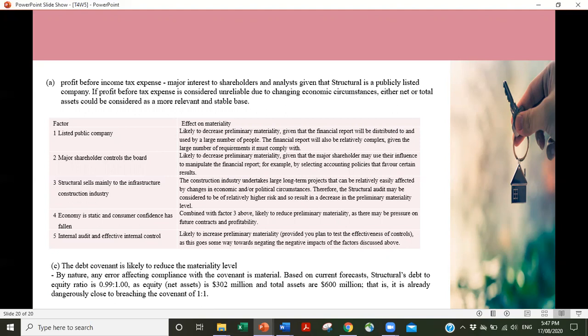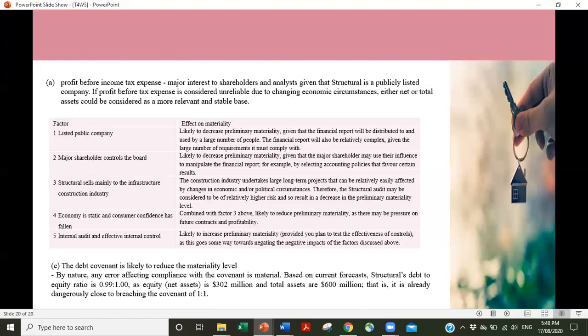That's because lots of people have a look at the information. It's distributed far and wide, including to places like ASIC. So it'll be a quite complex annual financial report, and there are lots of requirements that they've got to comply with as publicly listed companies.